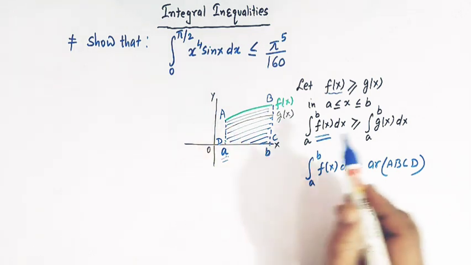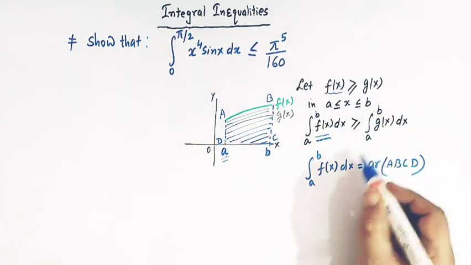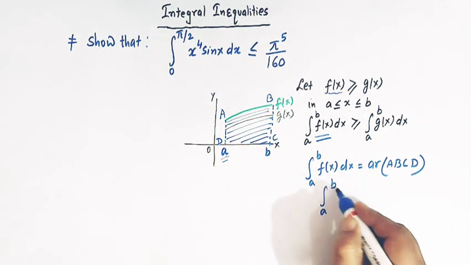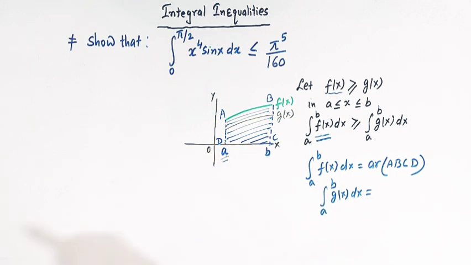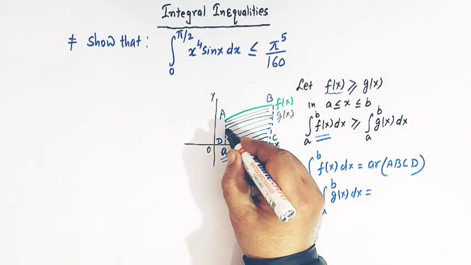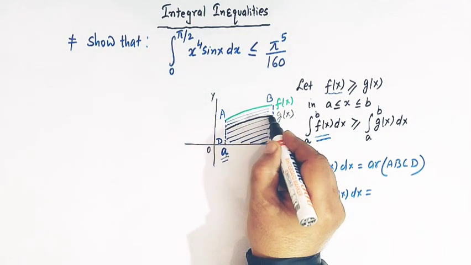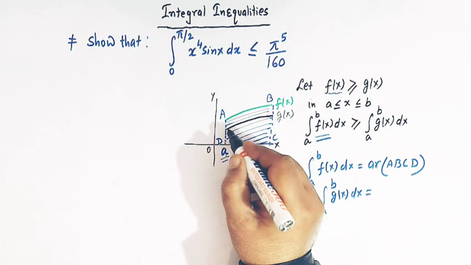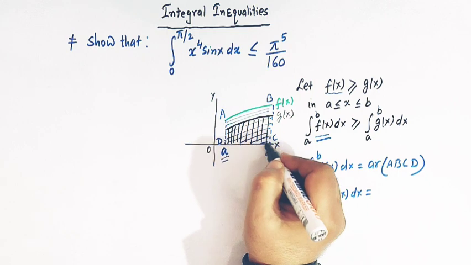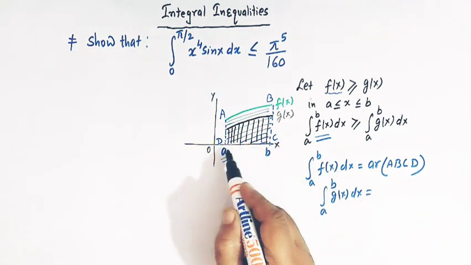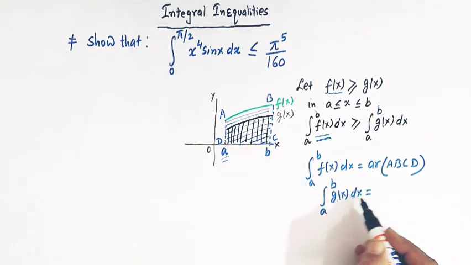And the integral a to b g of x dx denotes the area which we can shade like this, because this is our curve g of x.